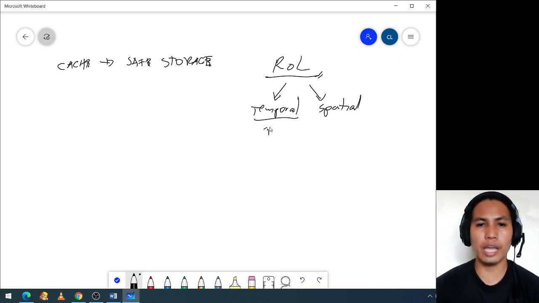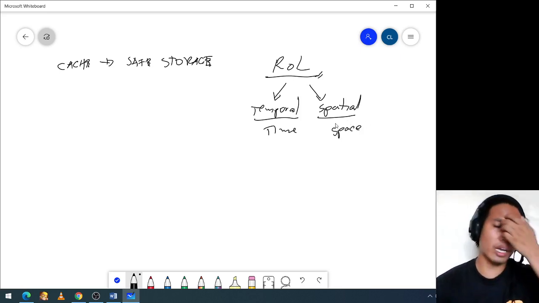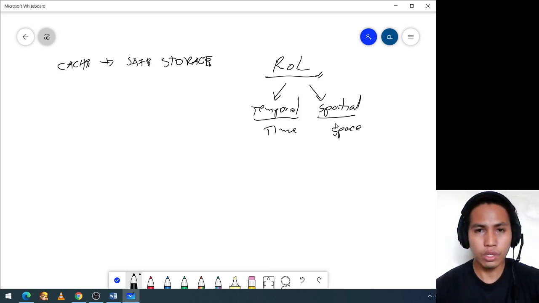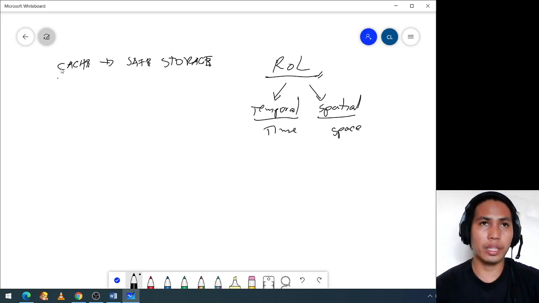So, temporal is time. Spatial is space. Sir, ano po ibig sabihin yan? What does this mean? So, when we are talking about reference of locality, kagaya nga ng sinabi ko kanina, imagine opening a certain file, the first time matagal. But the second time, bumibilis and so on.